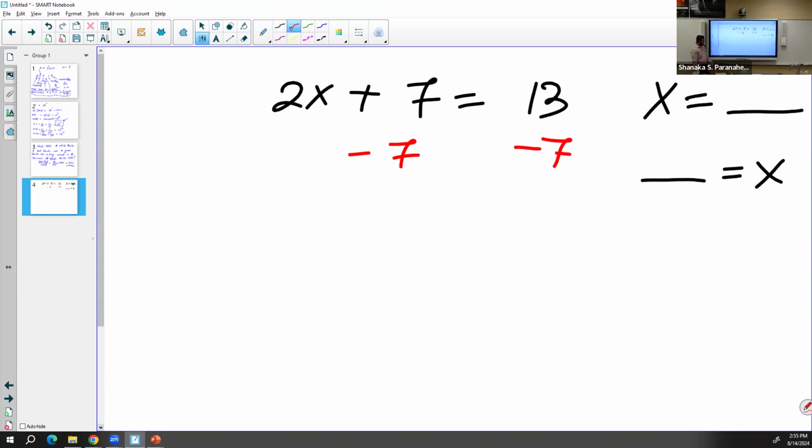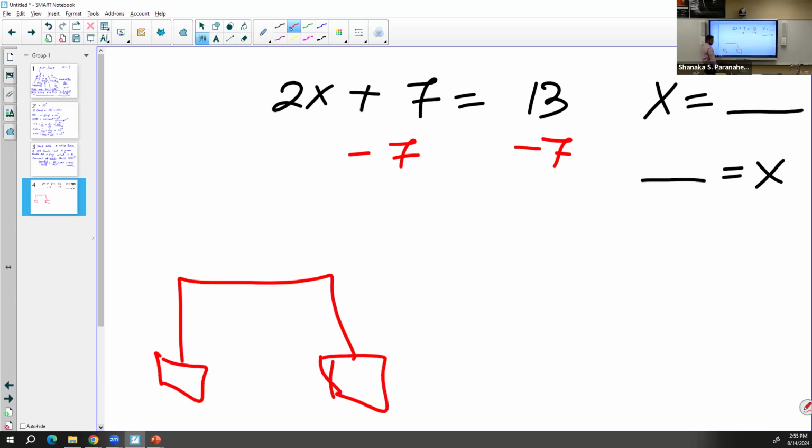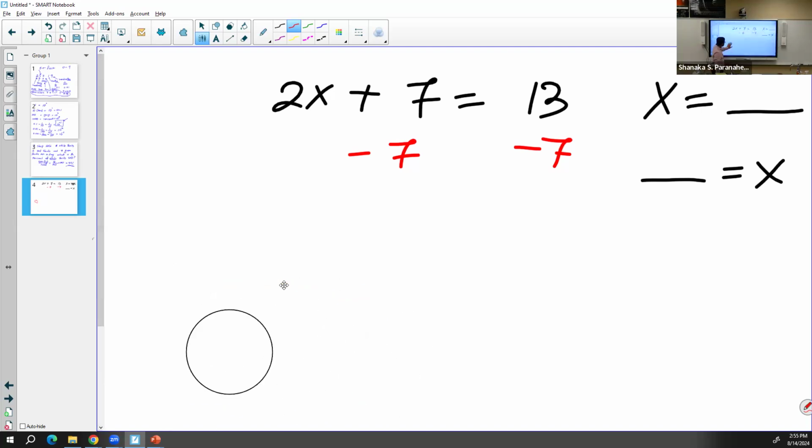Equations are like balances. You can't add or subtract from one side, so you have to add or subtract the same thing to both sides to keep it valid. That's why we subtract it from both sides. Let me rewrite this. So this is what we have now.